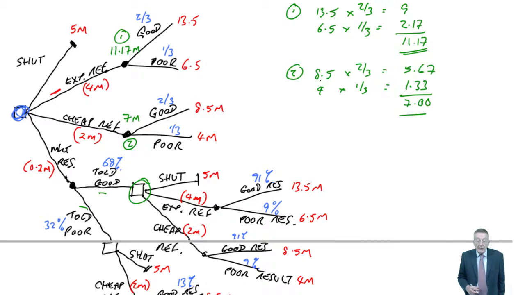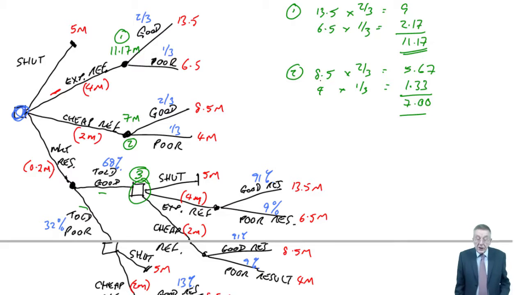You see, if we do market research and we're told it's good, the return we get depends on whether I'm going to decide to shut, expensive or cheap. And so before I can look at the benefit of the market research option, I have to decide what I would do if that happened. If we did research and we were told it was good, what would I decide to do? Let's look at that a little bit on its own.